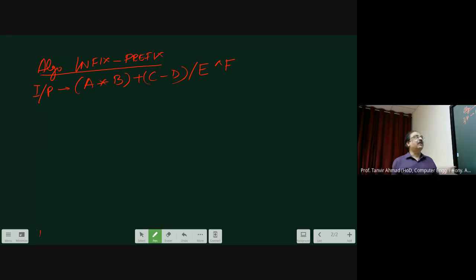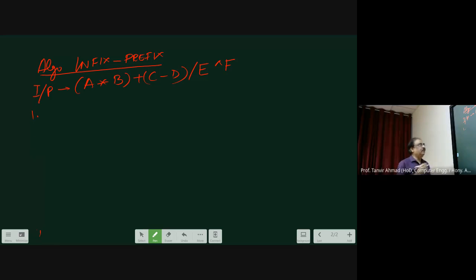Therefore, this is not e power of f. Now, this is the input expression in the infix form, and you will convert it into the equivalent prefix. First I write the algorithm, and then show you that running this algorithm on this input expression will achieve that result.